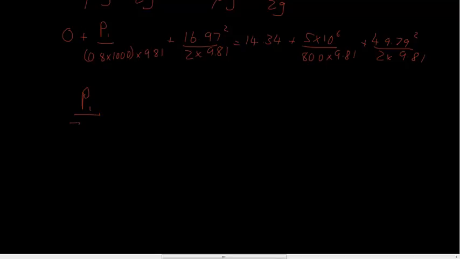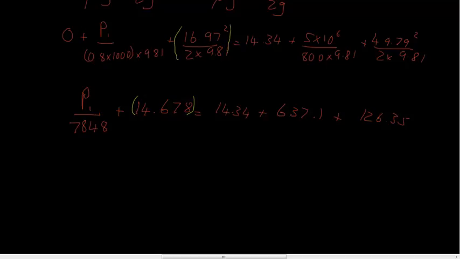P1 over 7848 plus 14.678 is equal to 14.34 plus 637.1 plus 126.35. So what I've done there, this bit here is this bracket, this bit here is this bit here, and that bit there is that bit there.